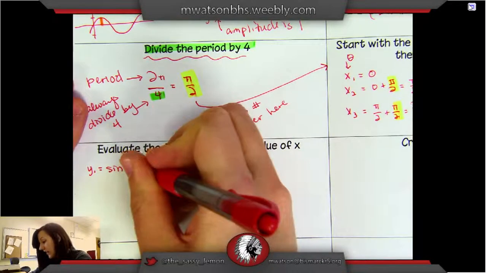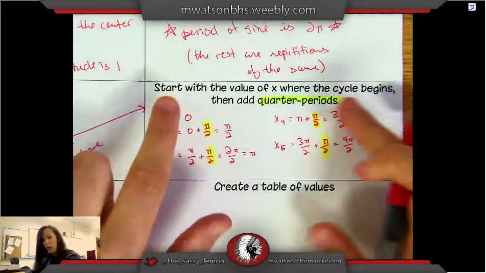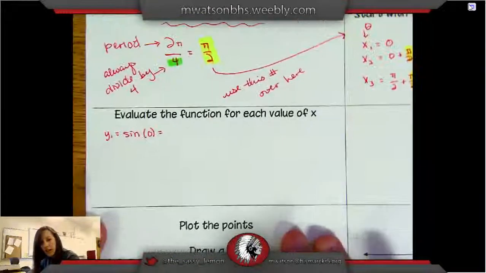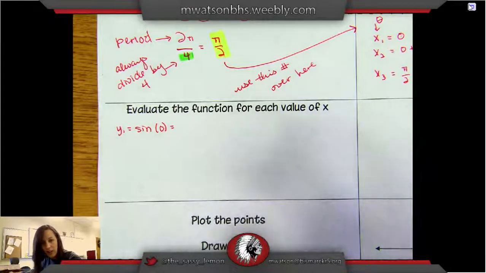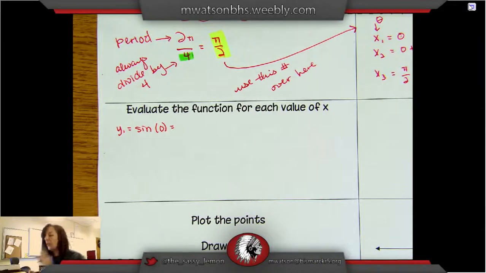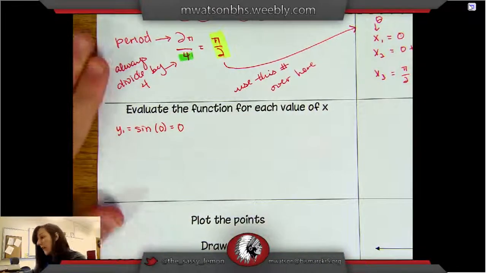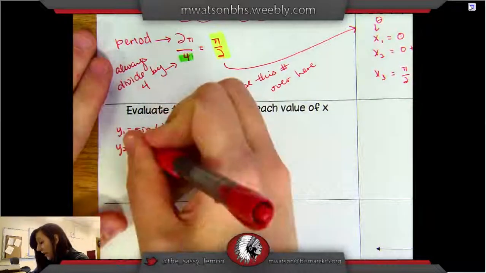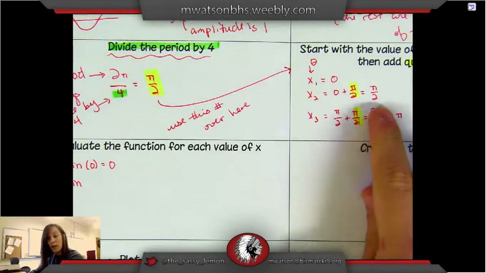And we learned how to do these quadrantal angles. Notice all of these are quadrantal angles. We learned how to do them by hand, but it's okay if you use a calculator to cheat if you don't have them memorized, because this graph is really going to help you memorize them. So sine of 0 is 0. Then we do the same thing: y sub 2 is sine of our x sub 2, which was pi over 2.